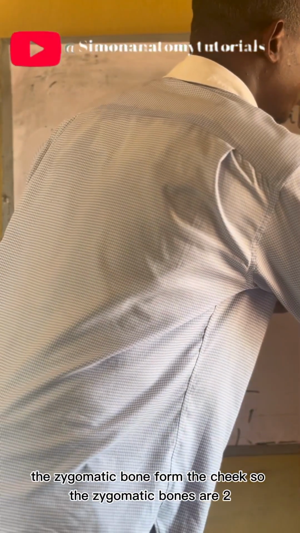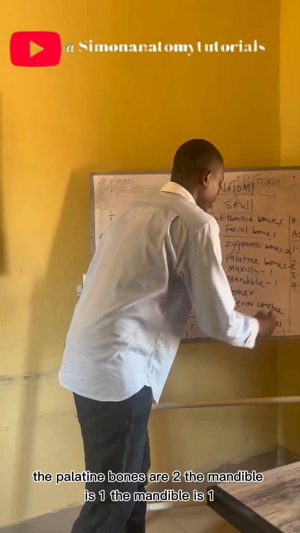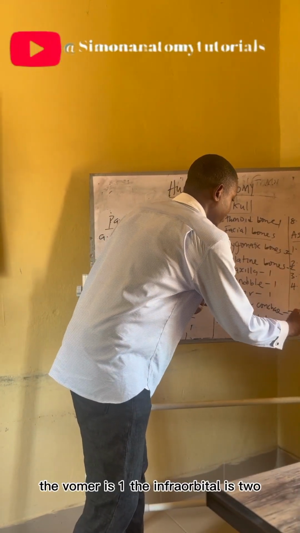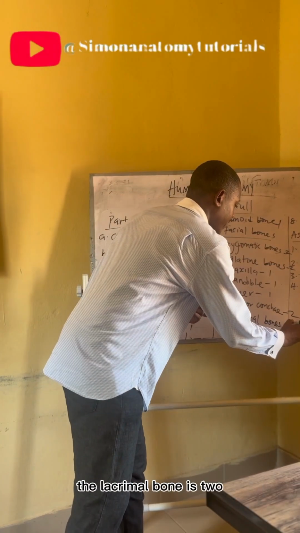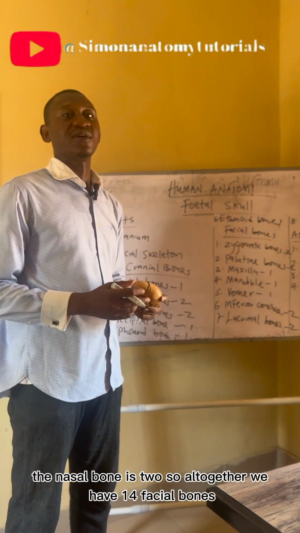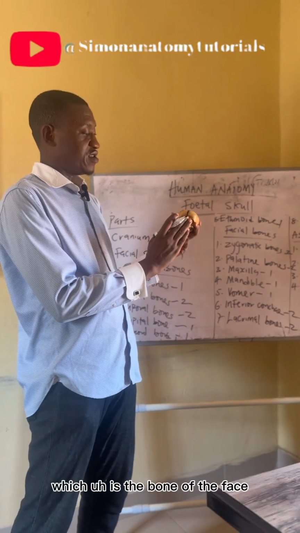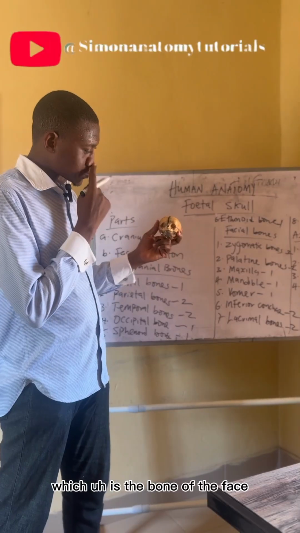So the zygomatic bones are 2, the palatine bones are 2, the maxilla is 1, the mandible is 1, the vomer is 1, the inferior concha is 2, the lacrimal bones are 2, the nasal bones are 2. Altogether we have 14 facial bones. The facial bones form the facial skeleton, which is the bone of the face.